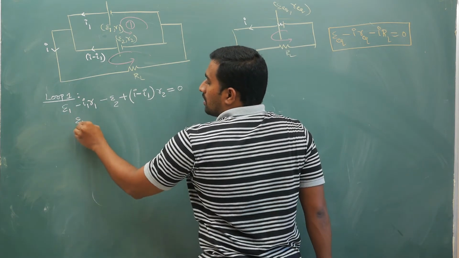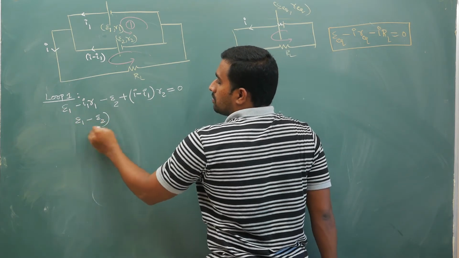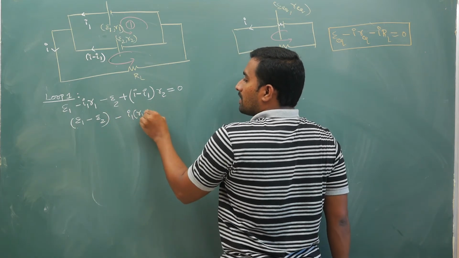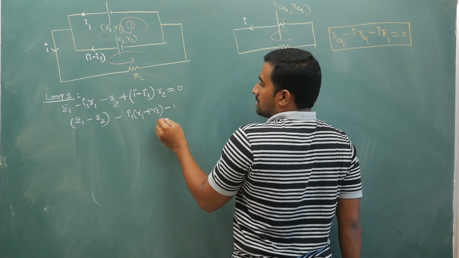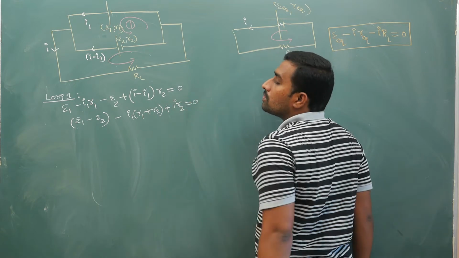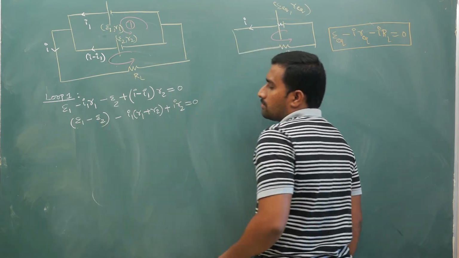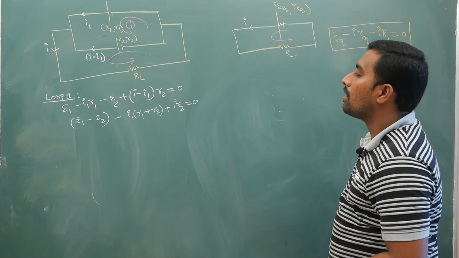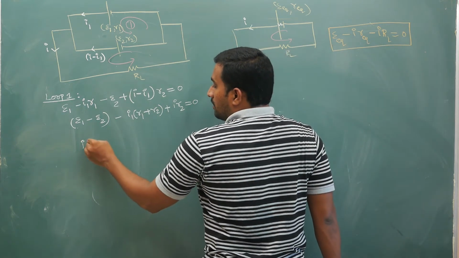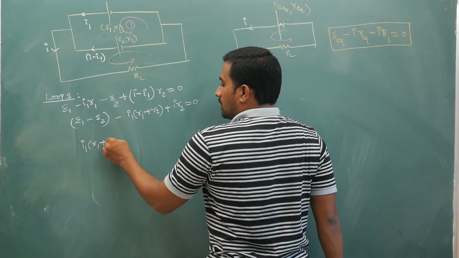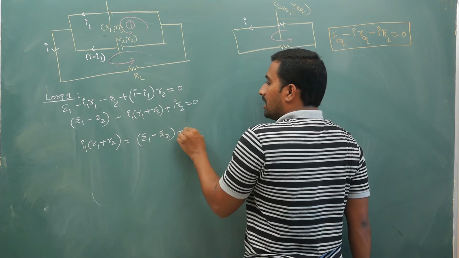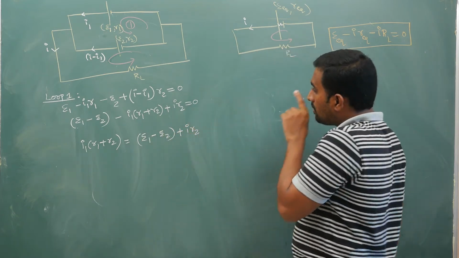So that will give you E1 minus E2, minus I1 times (R1 plus R2), plus I times R2 is equal to 0. I have just rearranged the terms. I have taken I1 common, so I have got this much. So from here, your I1 times (R1 plus R2) is E1 minus E2 plus I R2, right?